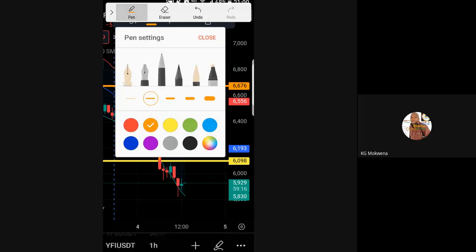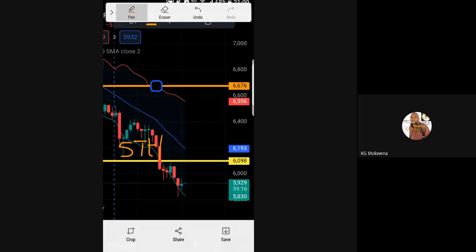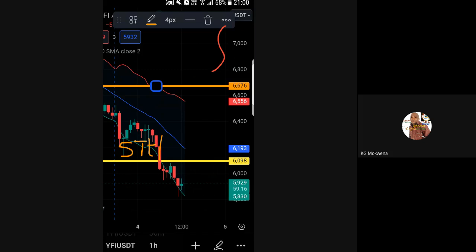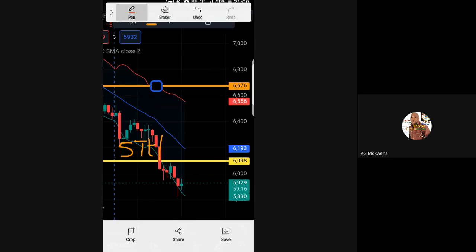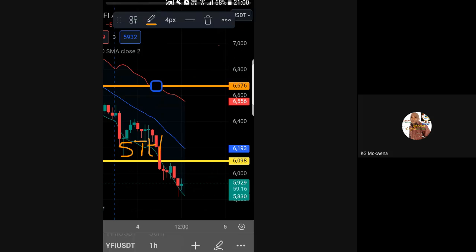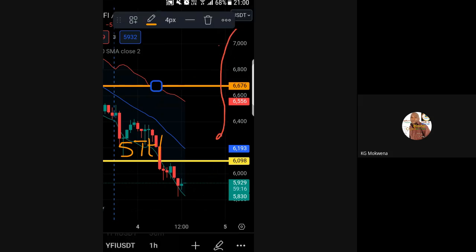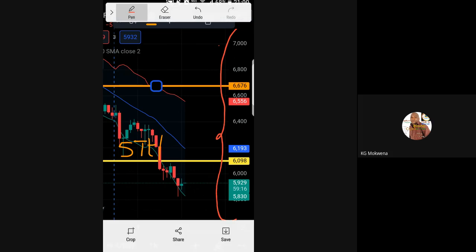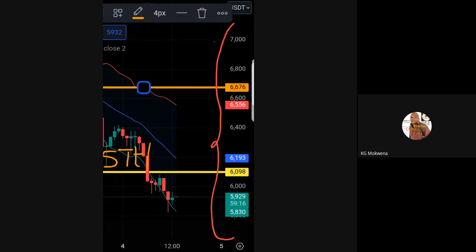If you check nicely, you can see the readings. Remember the market we are trading, business partners, is YFI. If you check on the far right-hand side, these are different prices.